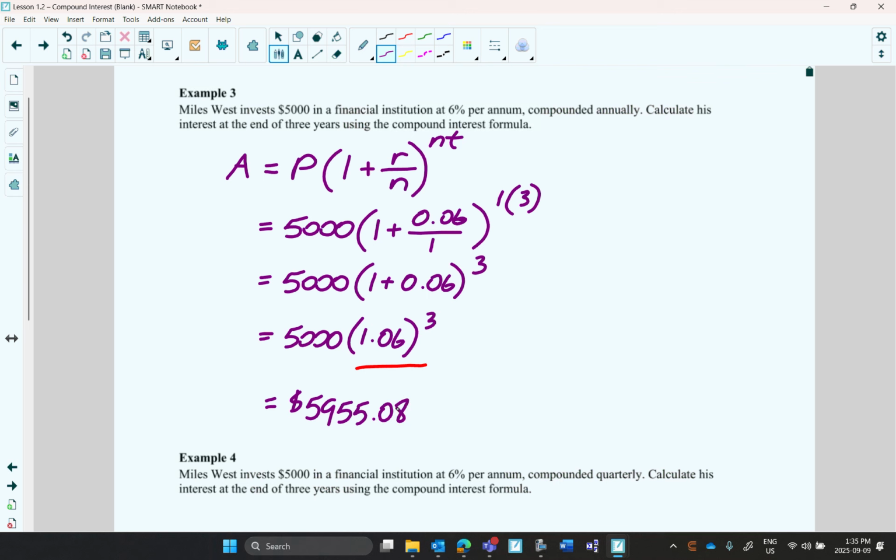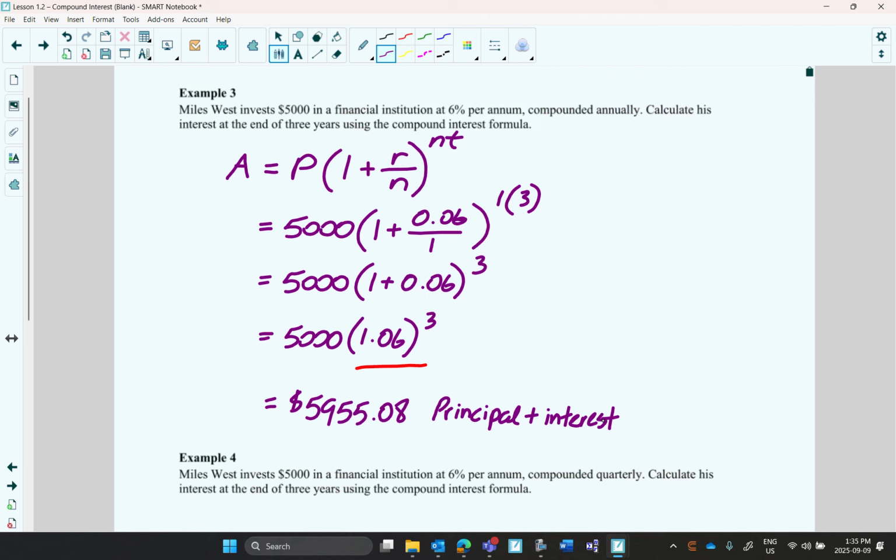Remember, this amount that you calculated is the principal and the interest.